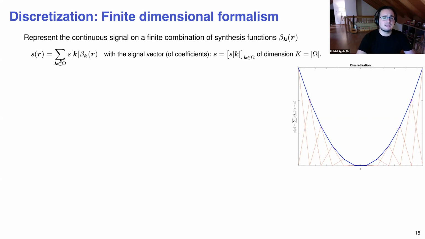In that manner, we can represent our continuous function with a few coefficients s, so with a vector of coefficients of dimension K. An example here is representing the piecewise linear approximation of a parabola in terms of a sum of triangles with different heights.